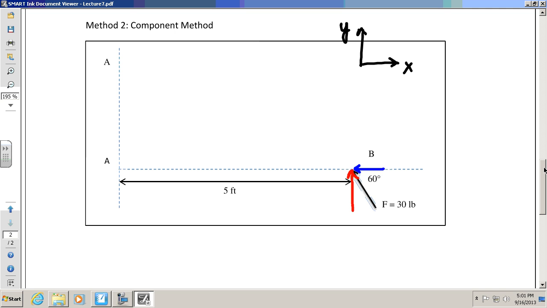Now this is easy. You should know how to do this. We've done a few of these now. Of course, that 60-degree angle is maybe not the side that we're used to, but hopefully you realize that this vertical component in red is equal to F times the sine of 60, which is equal to 30 pounds times the sine of 60.